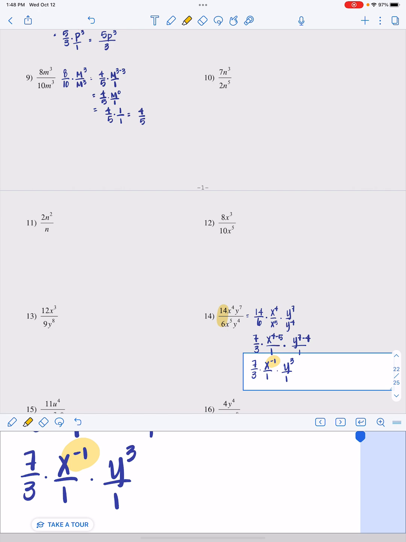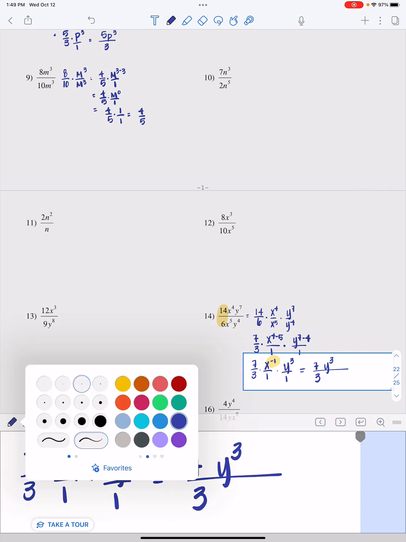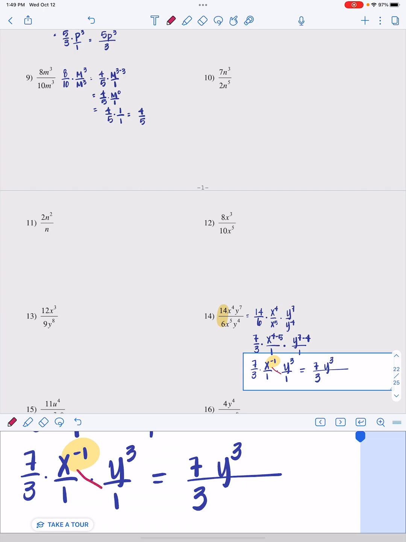But I can't leave that negative exponent. My 7 and my 3 are okay. They both have positive exponents. My y cubed has a positive exponent. I have to take that negative 1 sitting up there on the x and bring him down here to the denominator of the fraction. That changes his exponent to being positive.